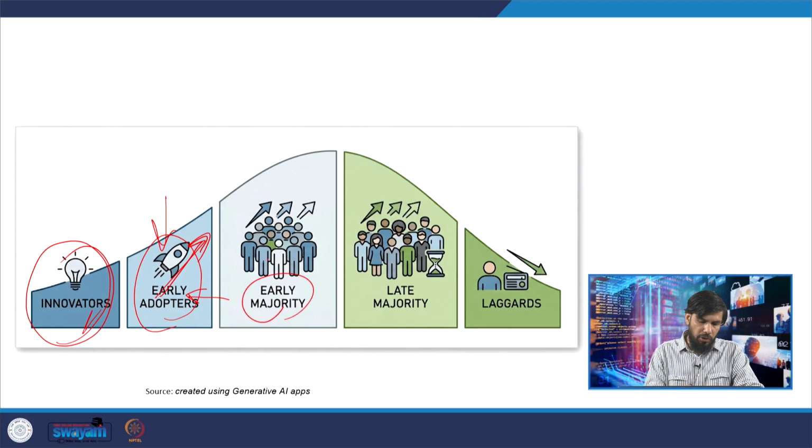So there would be the early majority, the people who follow them, and then eventually out of competitive necessity or out of not being left out, the late majority will join in, and then the laggards will also eventually join in. So essentially we can figure out different categories of users and how innovation diffusion happens, and that is how it is connected to the disruptive innovation that we talked about.